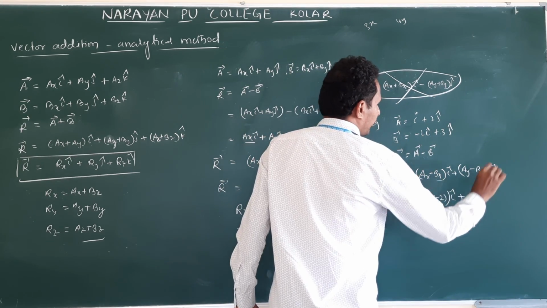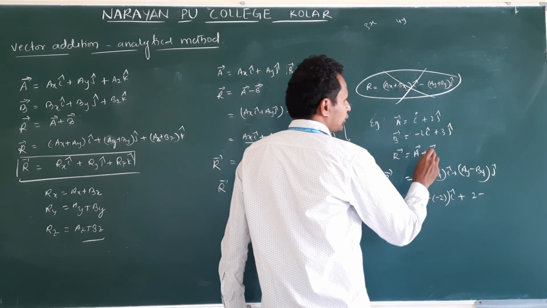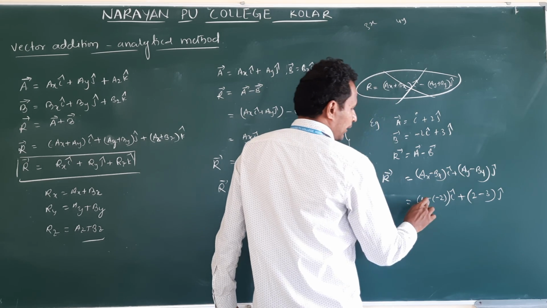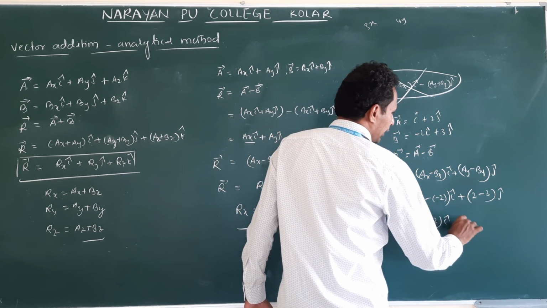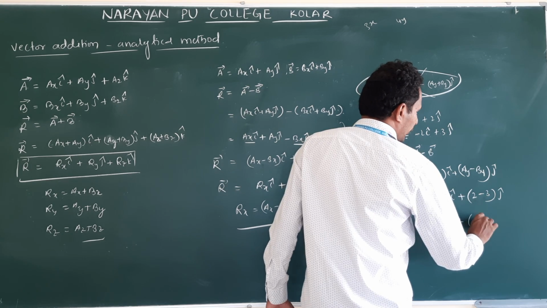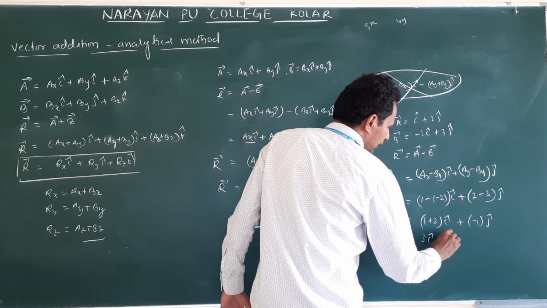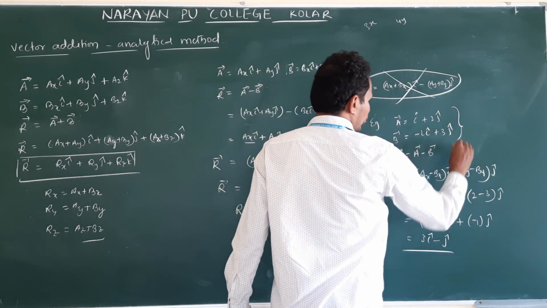This is i cap plus next, Ay is 2 minus what is By? 3 j cap. Minus of minus is plus, 1 plus 2 i cap plus 2 minus 3 is minus 1 j cap. So this is 3 i cap minus j cap. This is the subtraction of these two vectors.